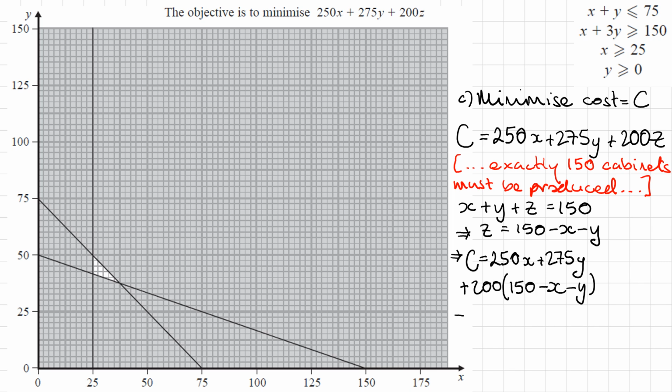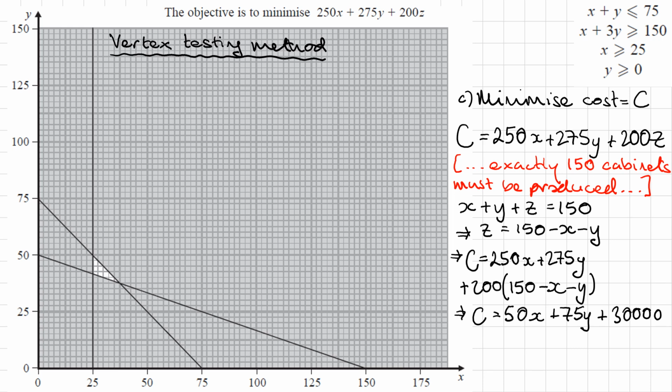Right, I guess we can simplify that. So we've got 250x, and then minus 200x, we've got 50x. And then we've got 270y minus 200y, which leaves 70y. And then we've got 200 times 150, so plus 30,000.